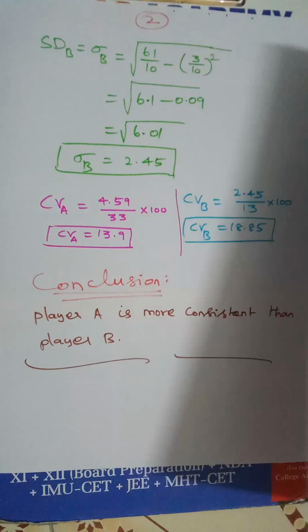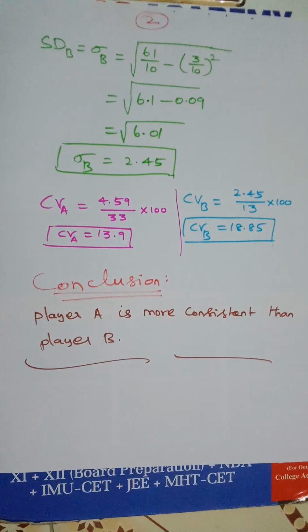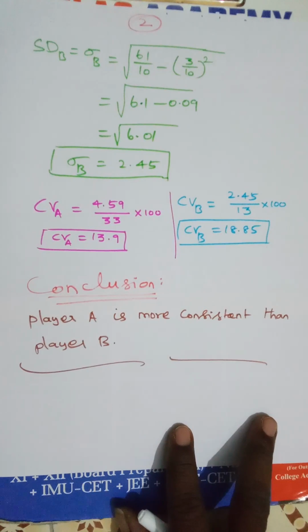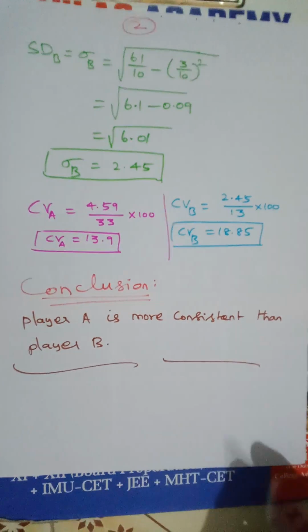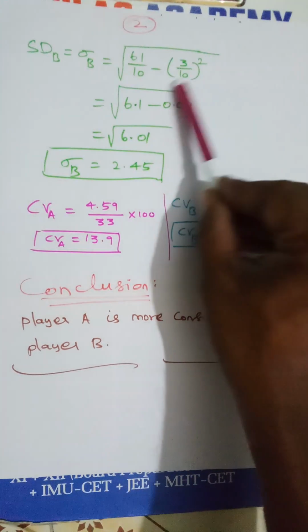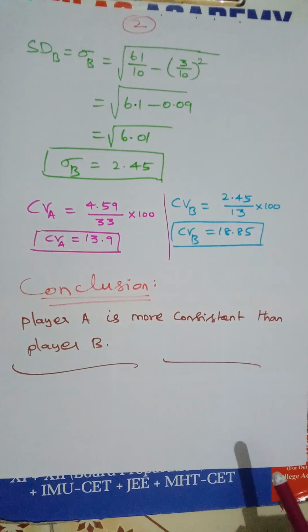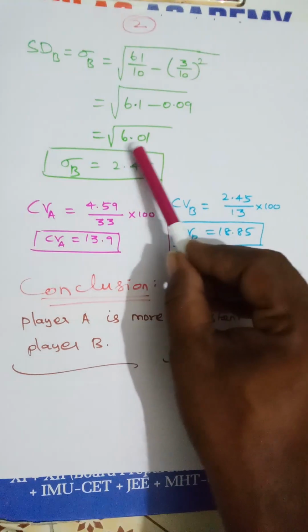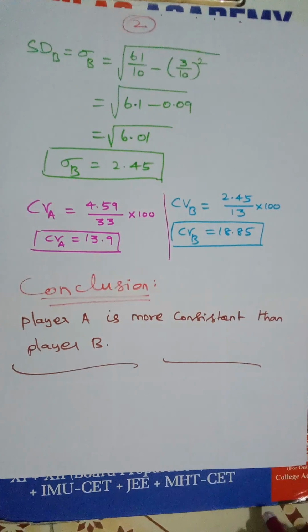And go to the second standard deviation, sigma B: 61 by 10 minus 3 by 10 the whole square. So 6.1 minus 0.09, since 0.3 the whole square is 0.09. So the square root of 6.01 will be 2.45. So almost we got the values.